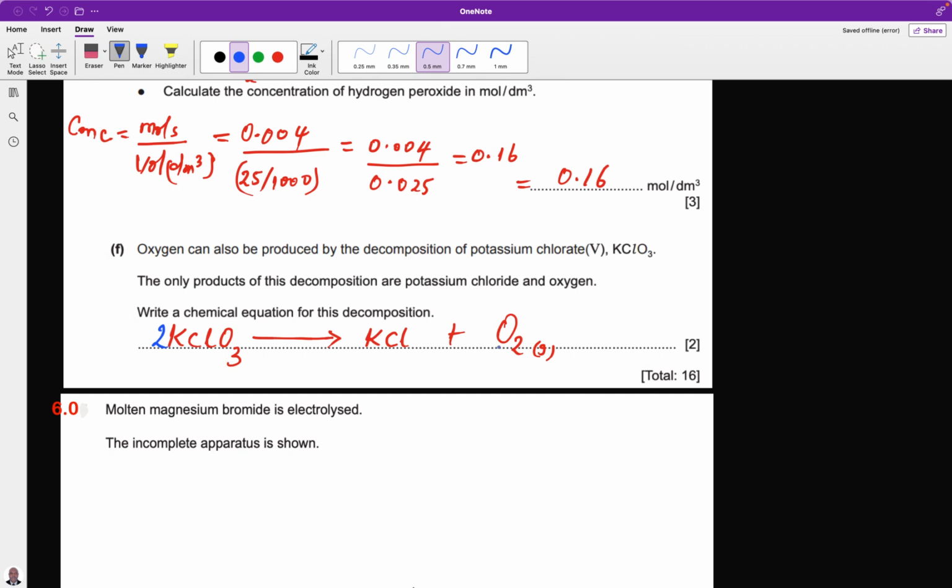Oxygen here will be 2, so if we put a 3 here, it balances the oxygen. Then 2 potassium and 2 chlorine, we put a 2 here. And the equation now is balanced.